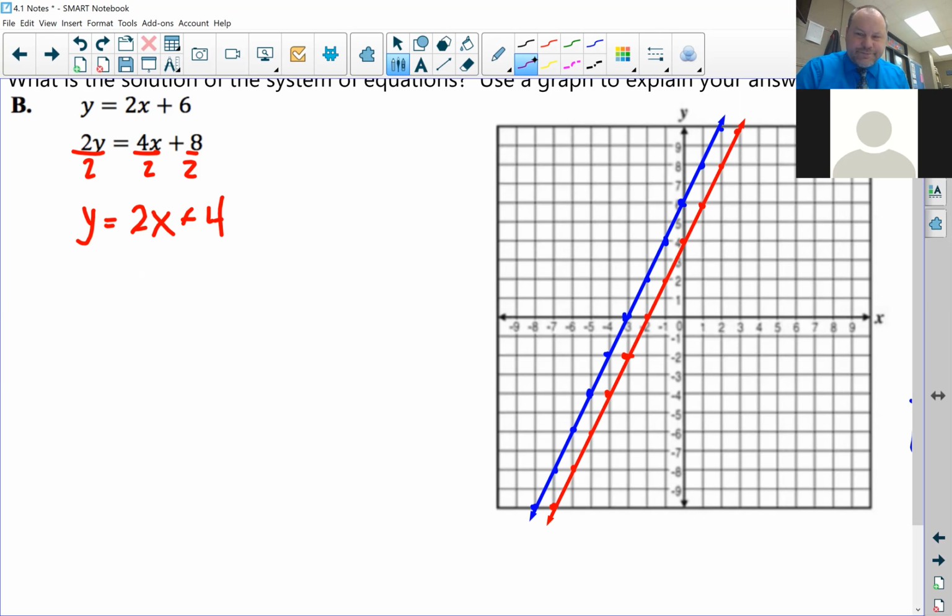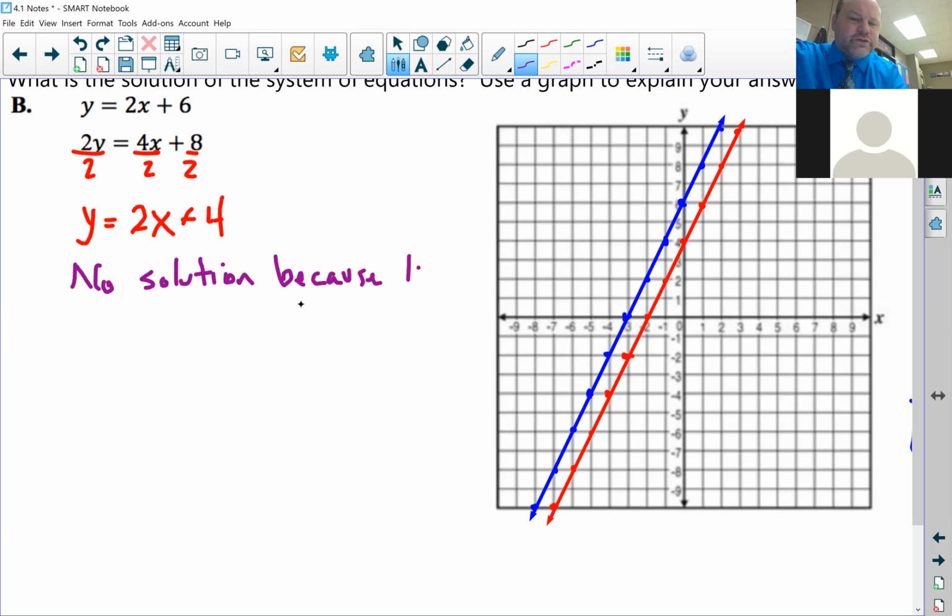In this case, they don't intersect. So this one is no solution. No solution because the lines are parallel.